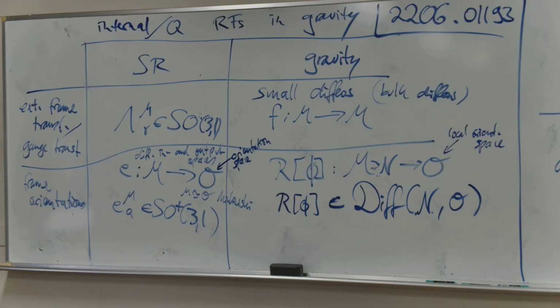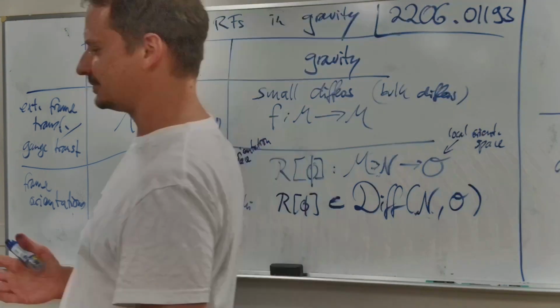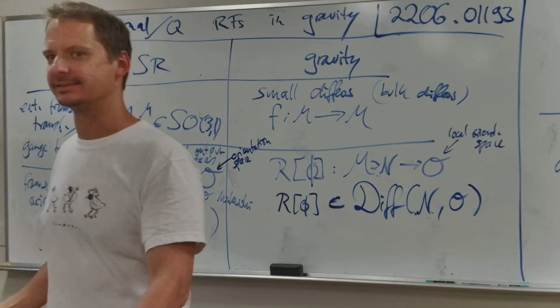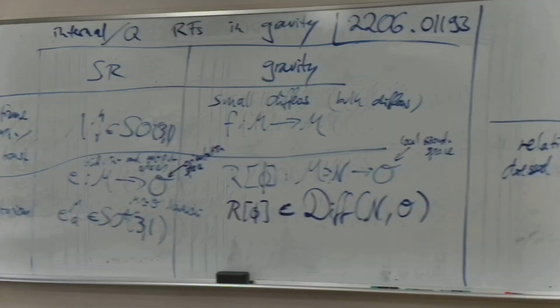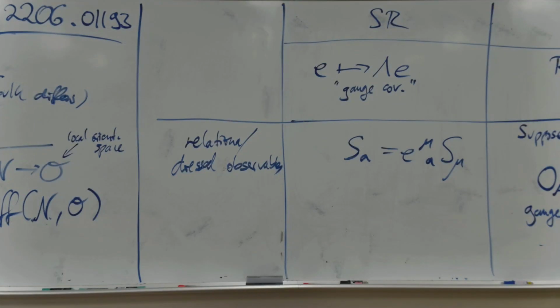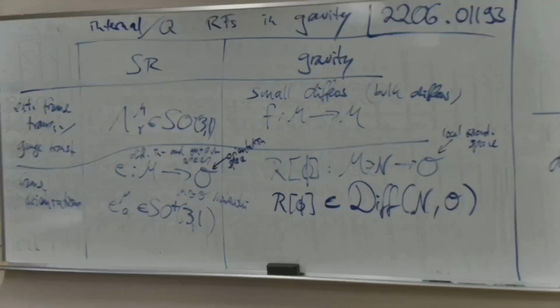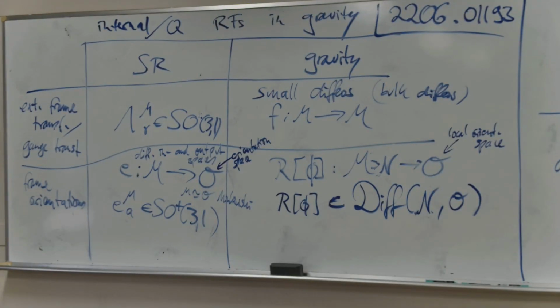I call that O, like a point O in the space O. Before, the gauge-invariant observables were functions of x in space-time. But now these relational observables live in this orientation space. They no longer live in space-time. Let's label them by little o, and it is a tensor field. If this was a tensor field on space-time, the result is a tensor field on O.